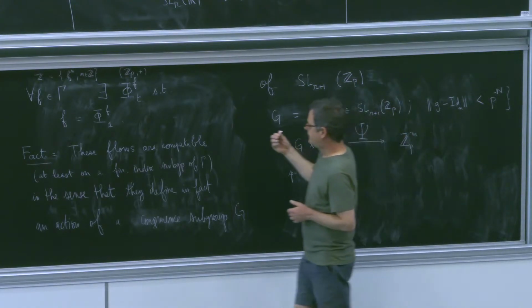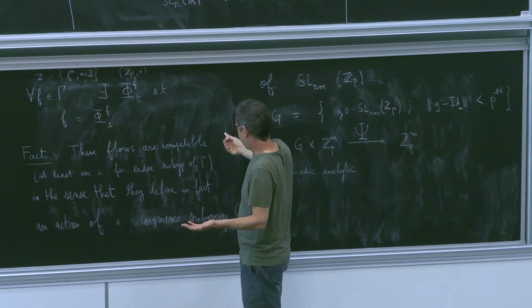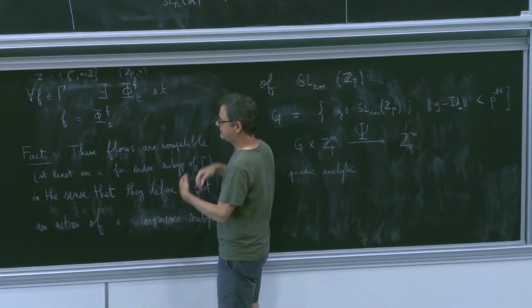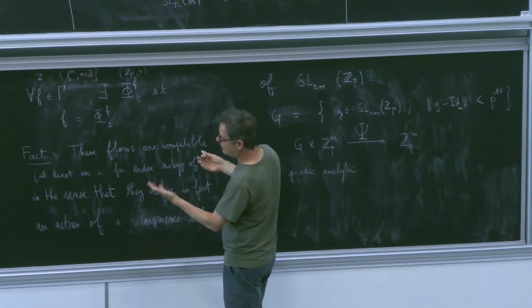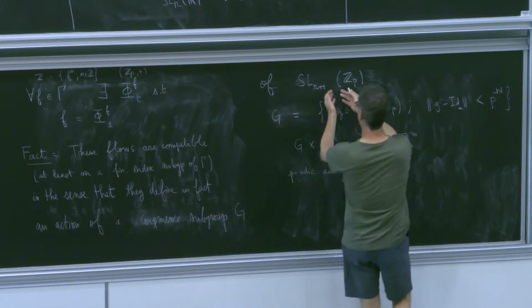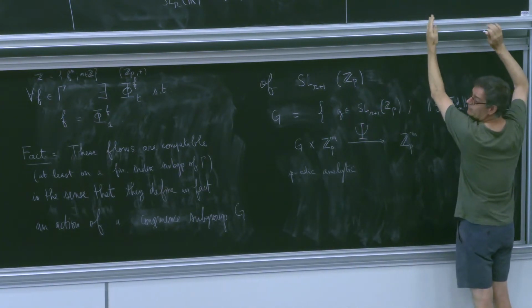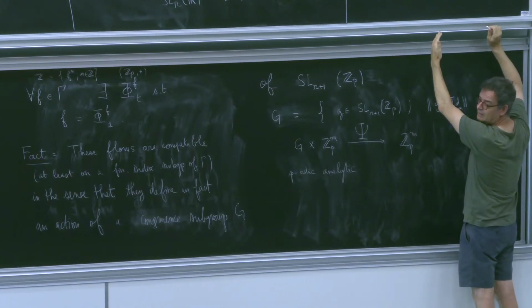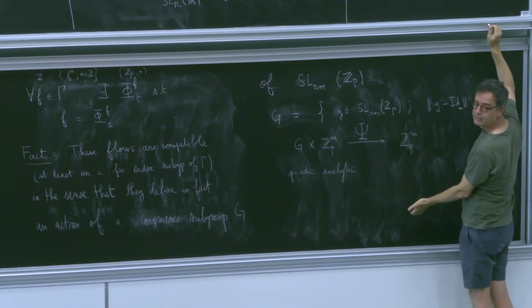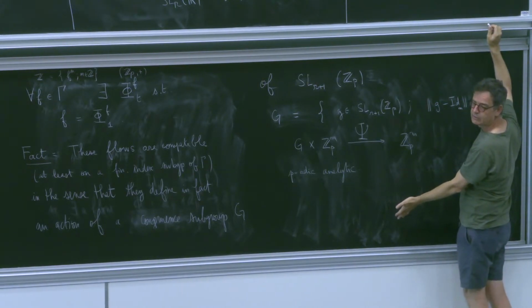It's like if I were using real coefficients, starting from SL R plus 1 of Z, ending with SL R plus 1 of R. And Lie theory tells you that you cannot act in small dimension. Then you just copy Lie theory, but in the p-adic setting, and you get the result you want.